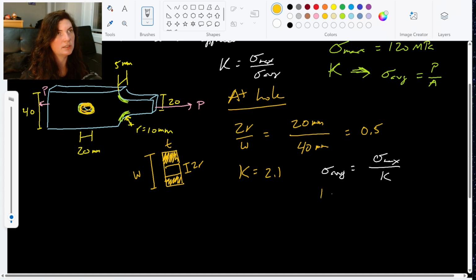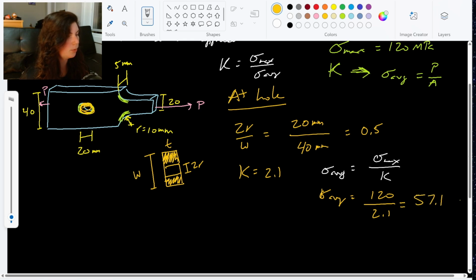Our average stress is going to be 120 over that 2.1 K value that we grabbed from that table. And we punch that into the calculator, and that gives us 57.1 megapascals.